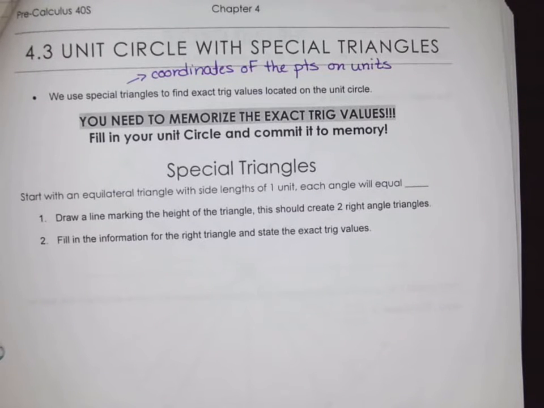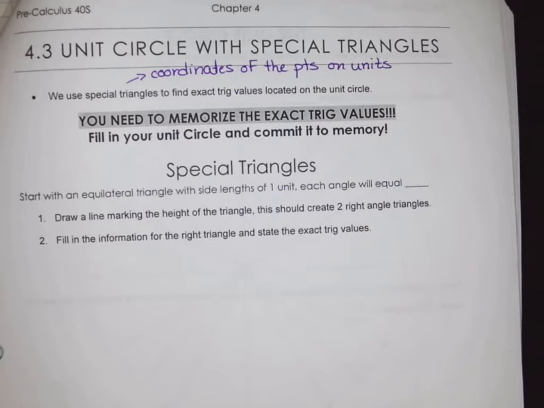So that's why we call it a unit circle, because it has a radius of 1 unit. It's because it has a radius of 1. What's its diameter if it has a radius of 1?